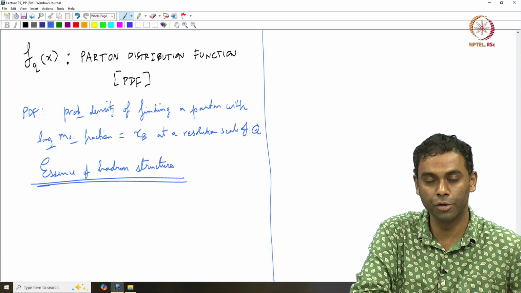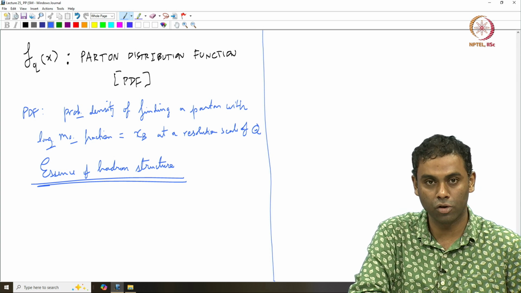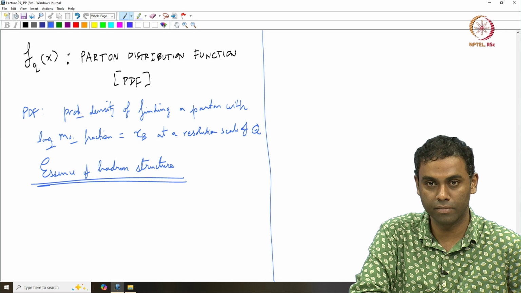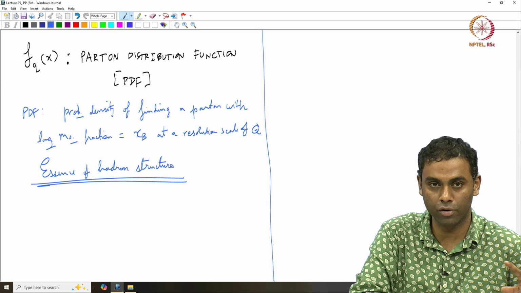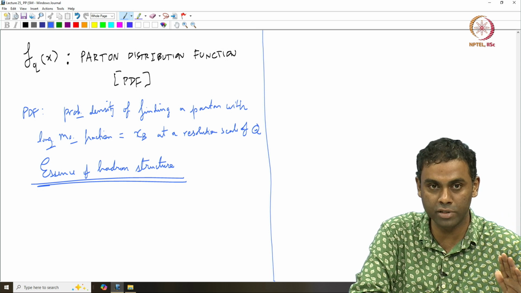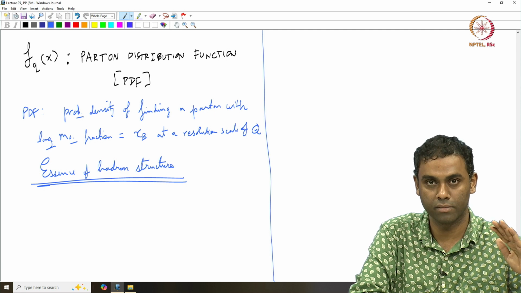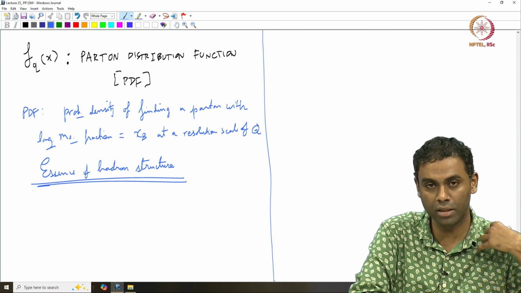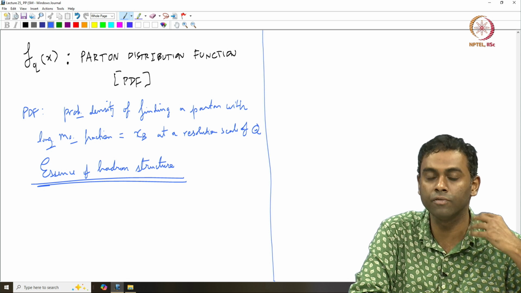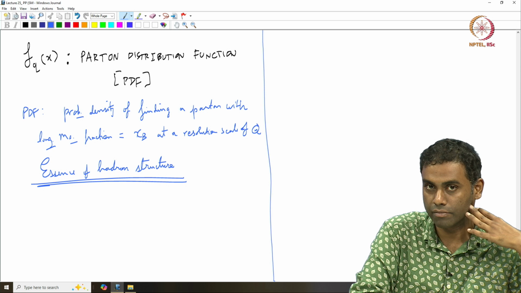You measure this, you know what protons are made of. You really know what the constituents are and how everything behaves. It is not some classical picture where you have these balls floating around. No, that is not what is really going on. Understanding the PDFs is equivalent to understanding the structure of partons, sorry, structure of protons and neutrons. And that is really how you infer the presence of gluons and quarks and other things, which we are going to see now.